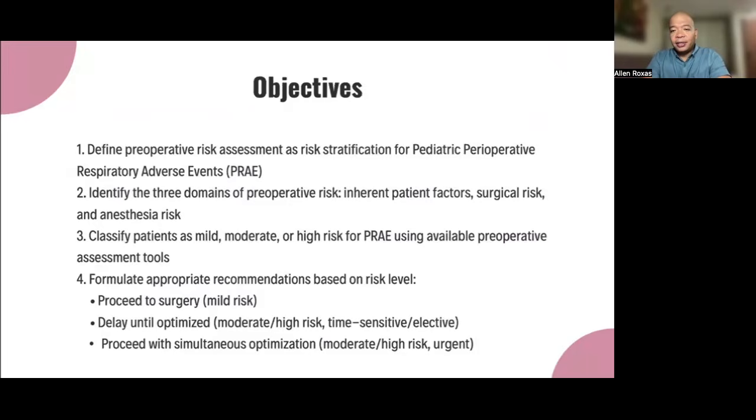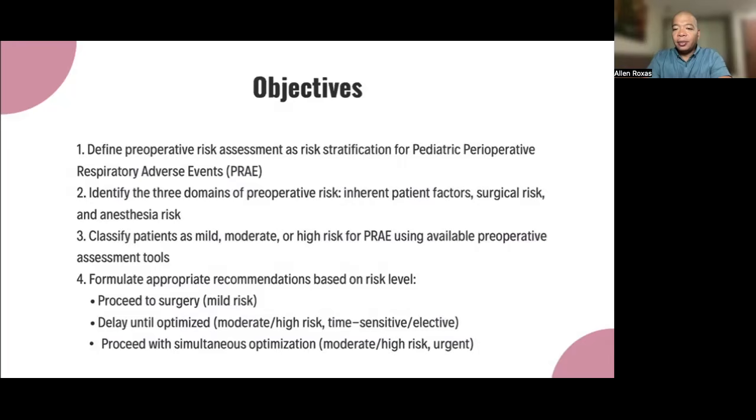So by the end of this lecture, we should be able to define preoperative risk assessment as risk stratification for pediatric perioperative respiratory adverse events or PRAEs. Secondly, we should be able to identify the three major domains that contribute to perioperative risk, such as patient-related factors, surgical risk, and anesthesia-related risk.